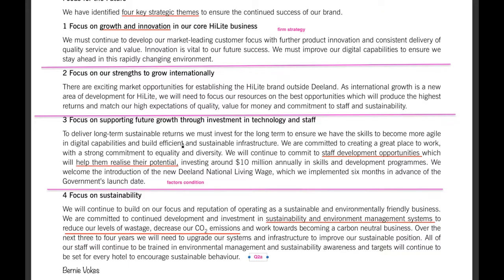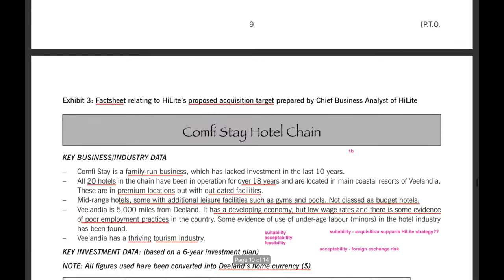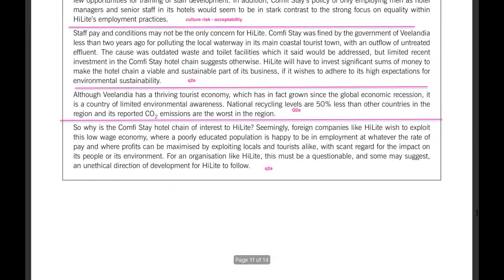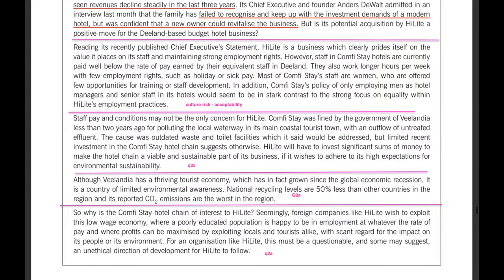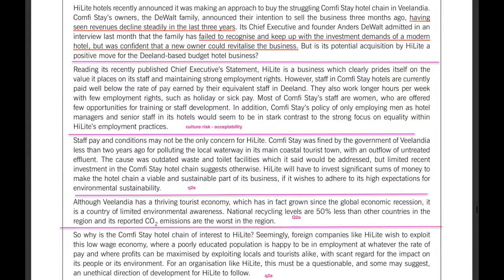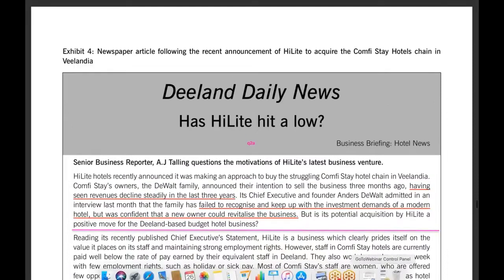You can use this. You can use the information here to help you counter the criticism that is being highlighted in this particular exhibit number 4, that shows that everyone is already tired.